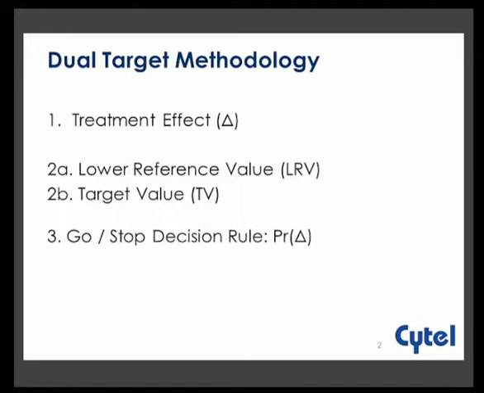These are the two targets, and they are often labeled as a lower reference value and a target value. So the lower reference value could be a null value or a minimum clinically important difference, depending on the application. And the target value is just a value that's better than the low reference value.